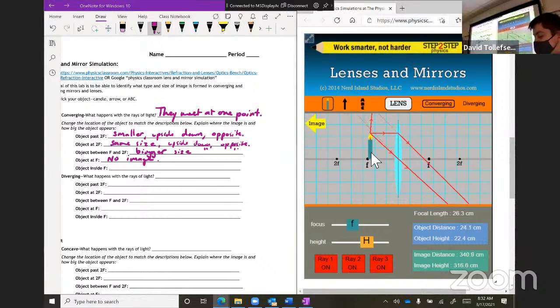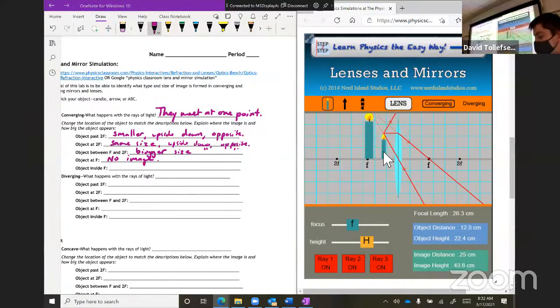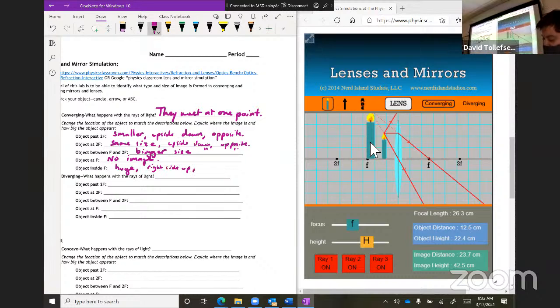And if it's inside F, what do we notice about the image? It's huge. Is it upside down or right side up? Right side up. And is it on the same side or the opposite side?